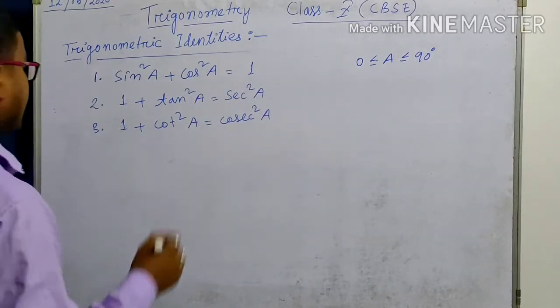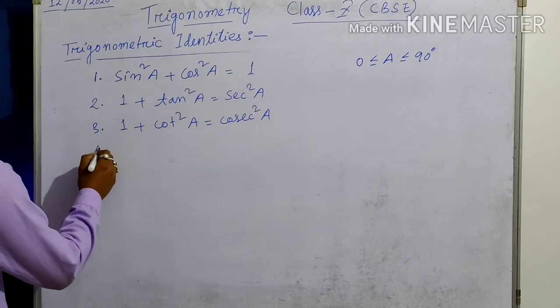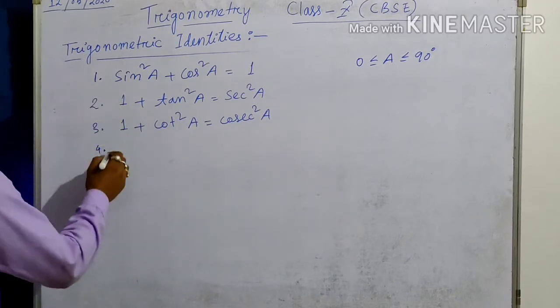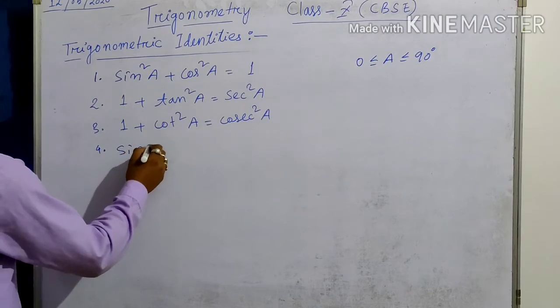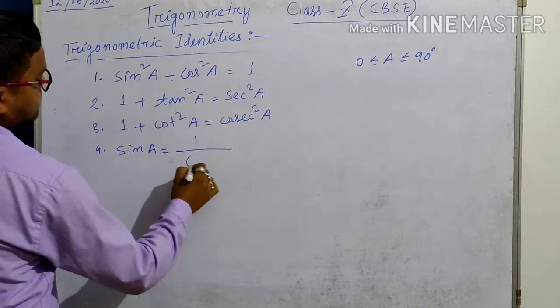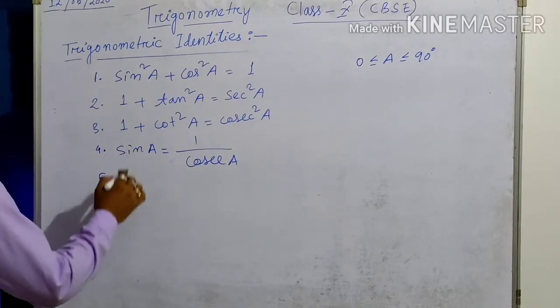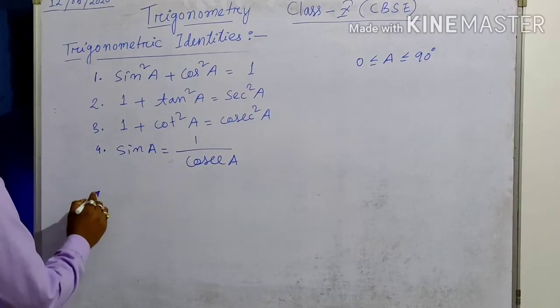Another identity we get, which we have already learned in the first class, that is sin A is the reciprocal of cosec A. This is the fifth identity.